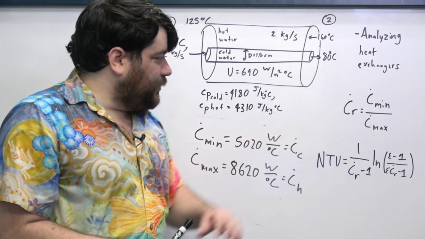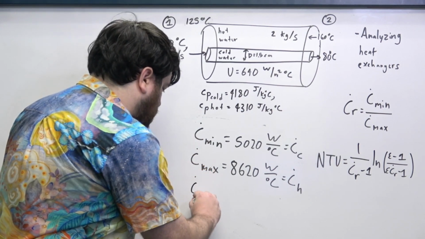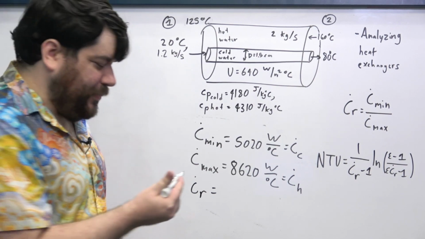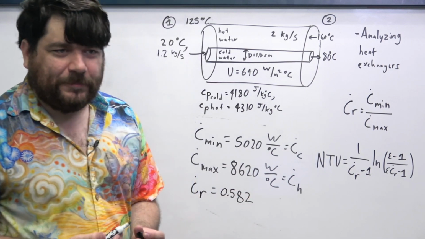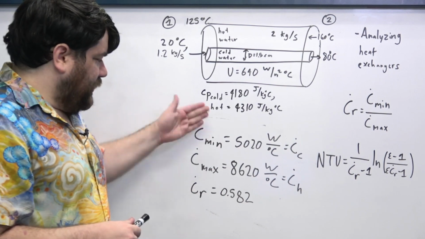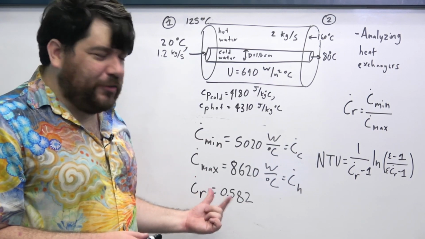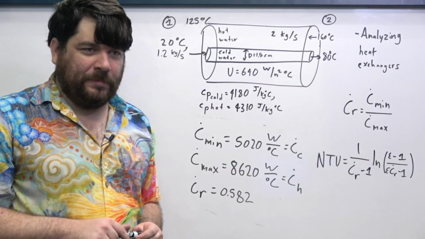And this immediately tells me what this C_R is, that ratio. All right, so if we calculate what that ratio is, this is approximately 0.582. All right, so now that we have these numbers, we know that this is going to be useful because it gets used directly in the equation for calculating NTUs.